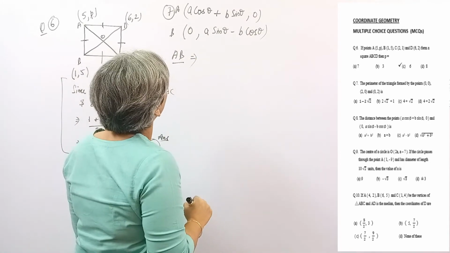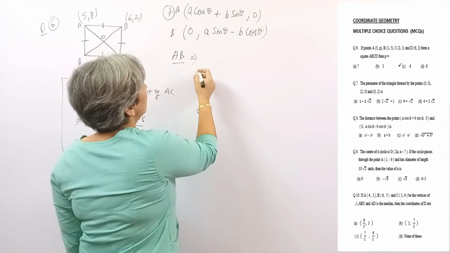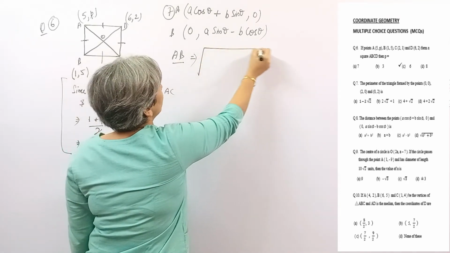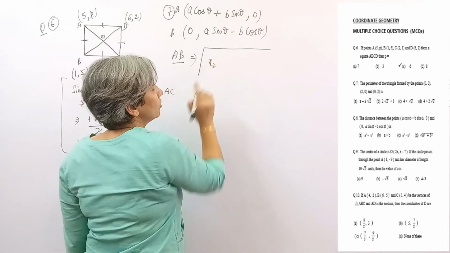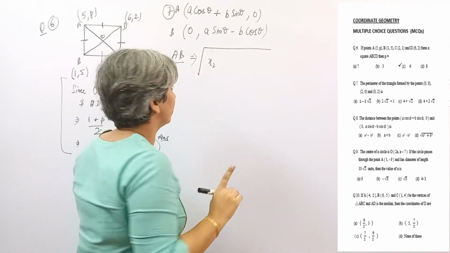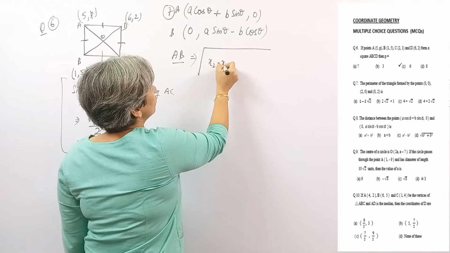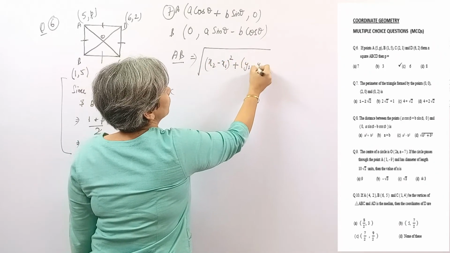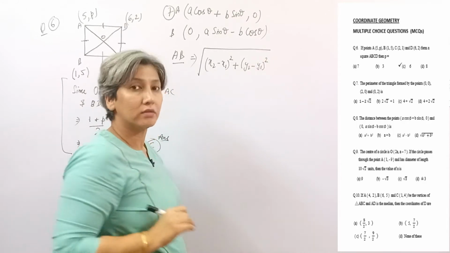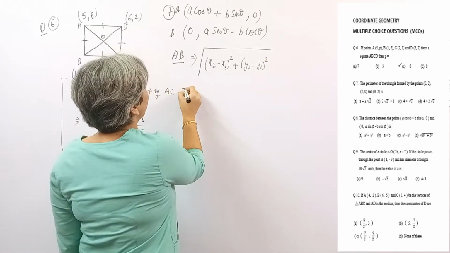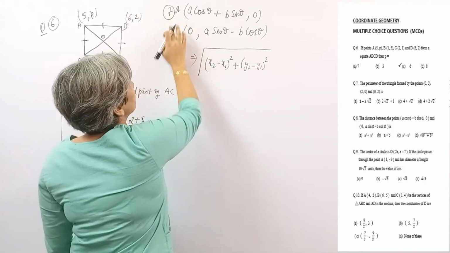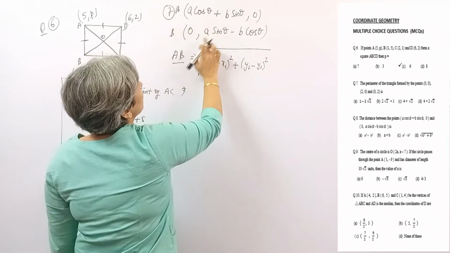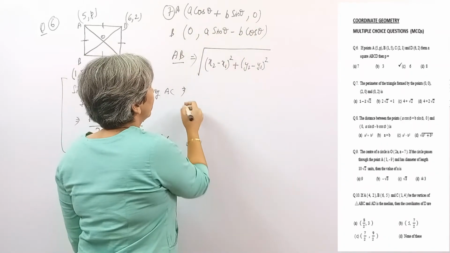So fine, we know our distance formula. We don't need to write the formula in your exam, I'm sure you remember. Square root of (x2 minus x1) whole square plus (y2 minus y1) whole square. This is our distance formula which will apply here. This is our A, this is our B. So x1 y1 x2 y2, right?